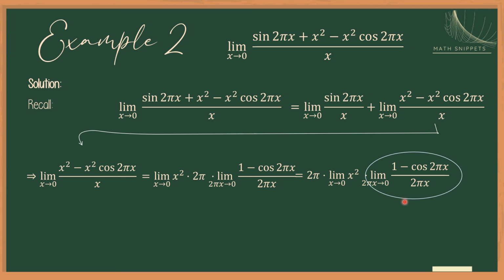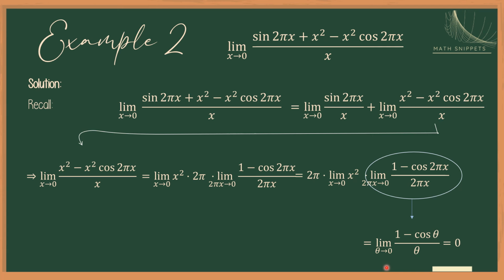Now, this limit, we already defined theta to be 2 pi x. So we can rewrite this in terms of theta. We'll have the limit of 1 minus cosine theta over theta as theta approaches 0. And we know that this is equal to 0 from the limit theorems.